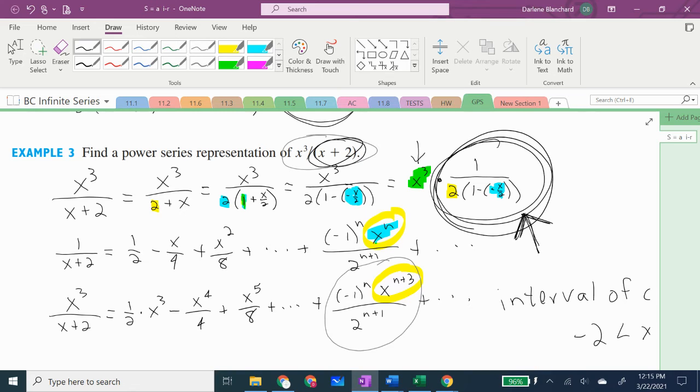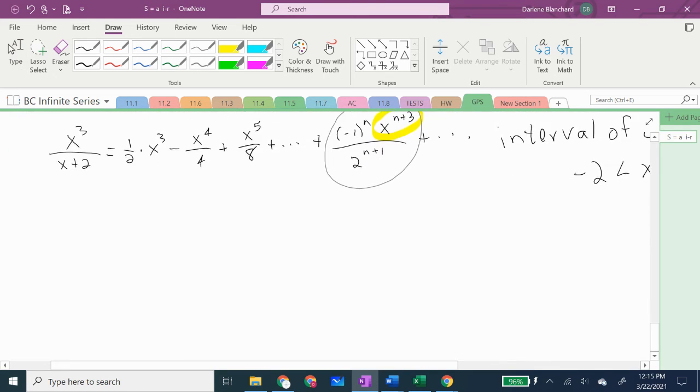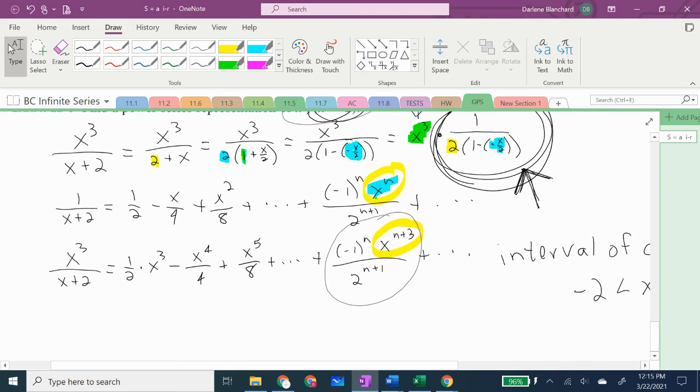R didn't change by multiplying by x. Right. Ooh, yes, that's actually a very good thing to notice. When we added the 3 on here, that did not change R.